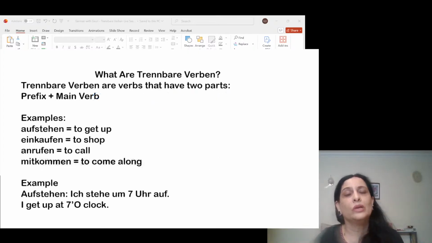Now basically, what are Trennbare Verben, or separable verbs in English? These separable verbs are verbs that have two parts, right? One is the prefix and the other is the main verb. One by one, we'll see how to use these separable verbs in a sentence.